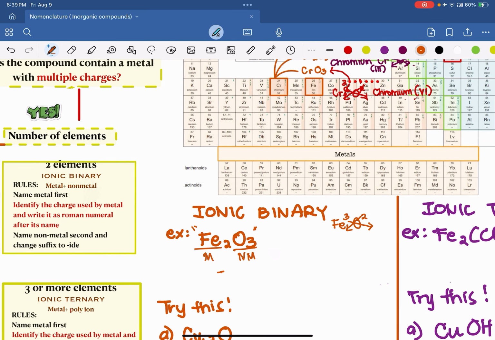So I would have iron. Then the next thing that you need to do is to emphasize which charge was utilized by iron. I can also apply the reverse crisscross, remembering that 3 here is from iron. So the Roman numeral here would be 3. Next, change the suffix of oxygen to IDE. So I will be having iron 3 oxide.